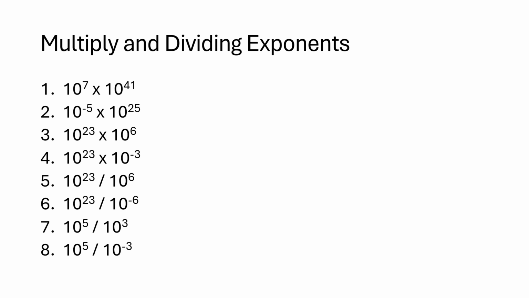If you're going to multiply two numbers that have exponents where the numbers have the same base, we're going to add their exponents. So multiplying these numbers means that we're going to add the exponents. Dividing means that we're going to subtract the exponents.